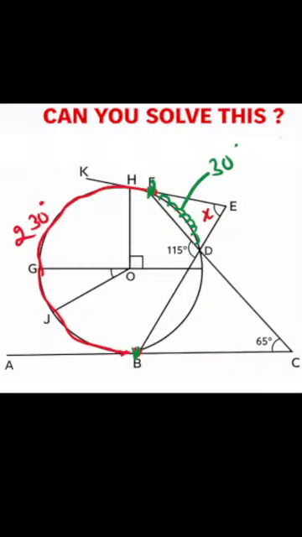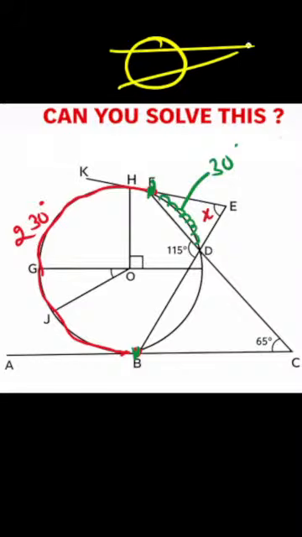Now there is a theorem which says if there is a circle and it has two intersecting secants, or one secant and one tangent, it is applicable for everything, right? It says at the intersection the angle, here it is x, is going to be half of the difference between the intercepted arcs.